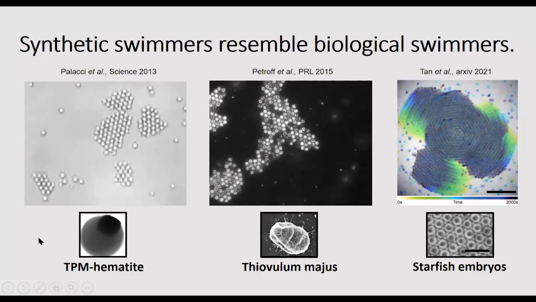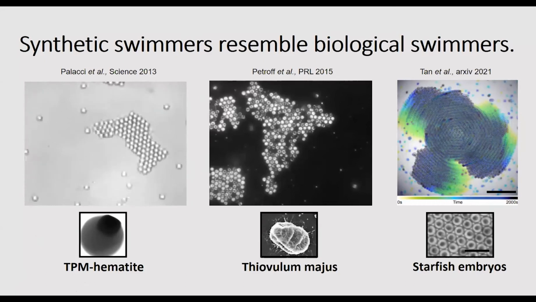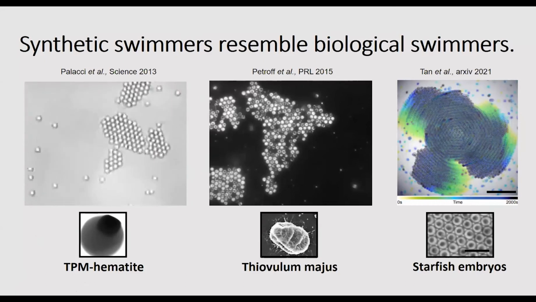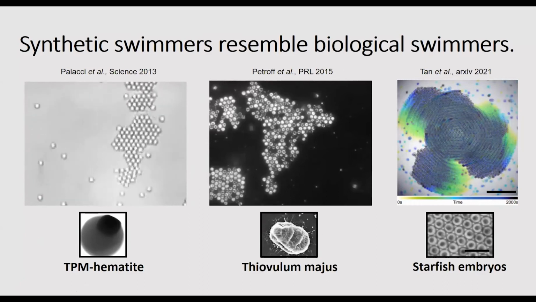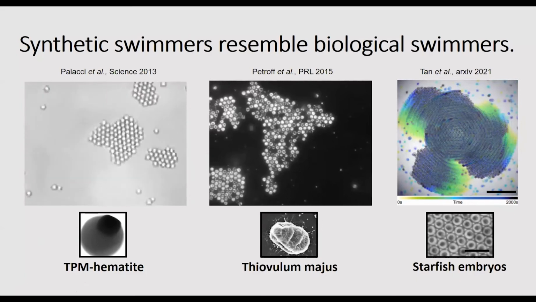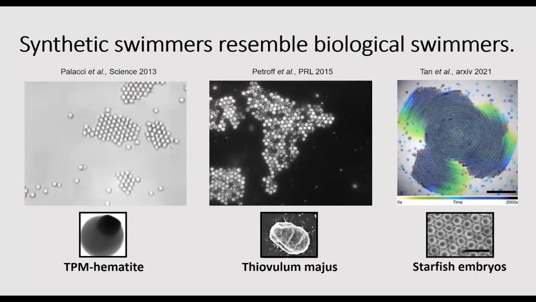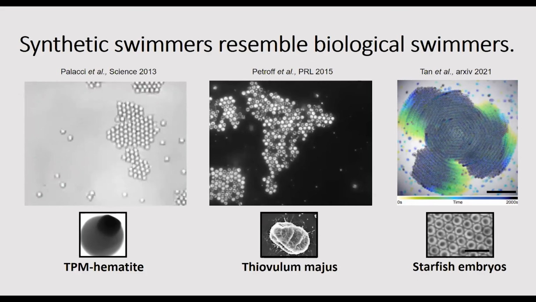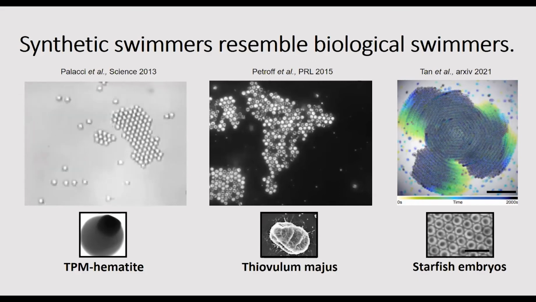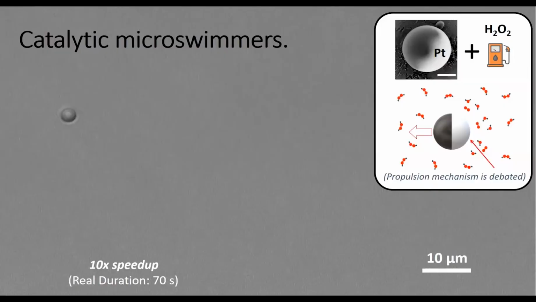These synthetic systems are very useful for us, not only because we can use them as model systems to understand out-of-equilibrium behavior and processes in active matter, but also because they are prominent candidates for applications, for example, in biomedicine or environmental remediation, where the swimmers could transport and deliver cargo in the microscale. Of course, for applications, we would need autonomous particles that are also able to adjust and adapt their motion to their environment, much like the neutrophil that I showed you at the beginning. So a popular model system, especially when it comes to autonomy, is the so-called catalytic microswimmers.